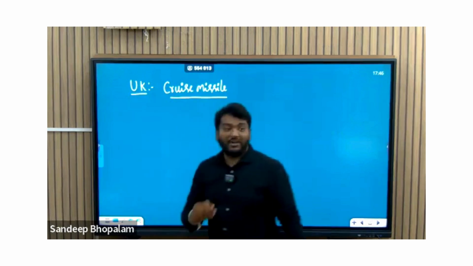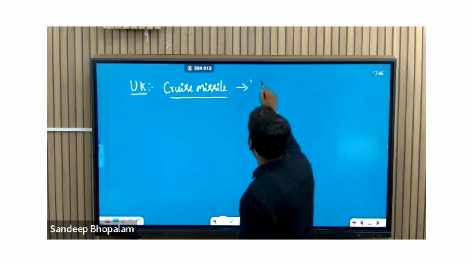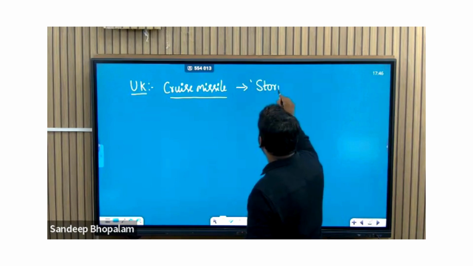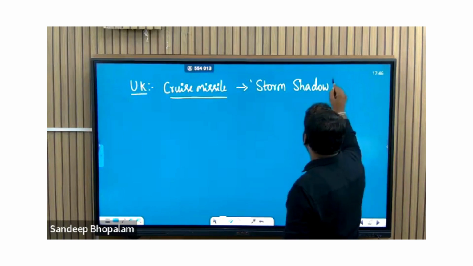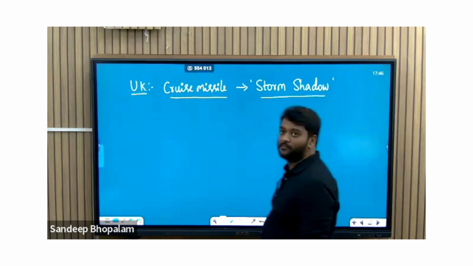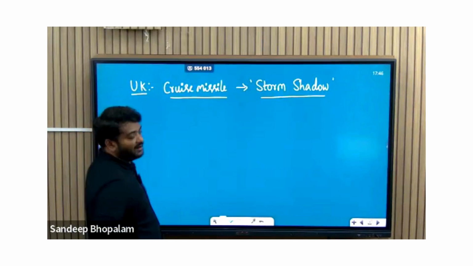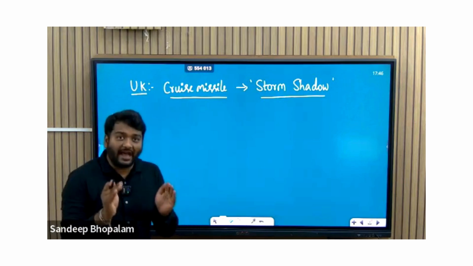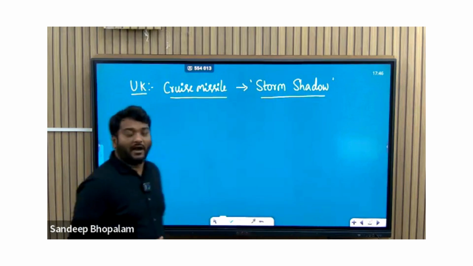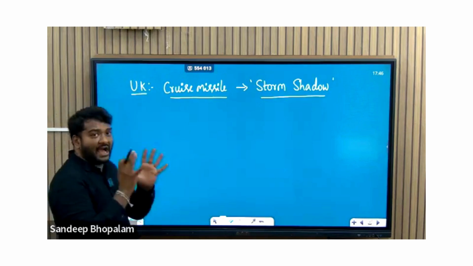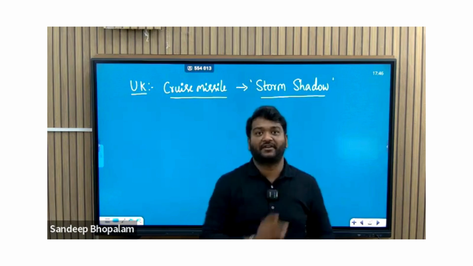By now, you might have heard of this term called Storm Shadow. So guys, the cruise missile that the UK has is called Storm Shadow. And this Storm Shadow has the capacity to hit Russia deep inside.